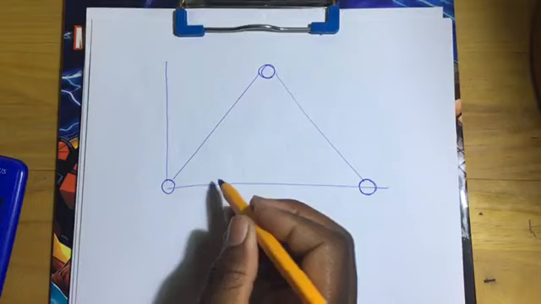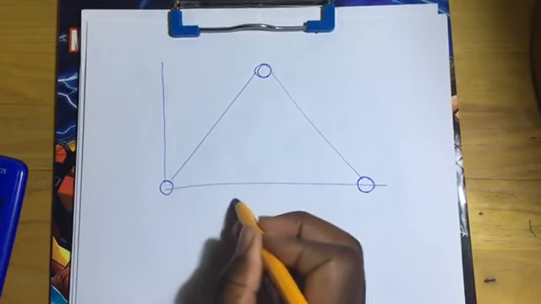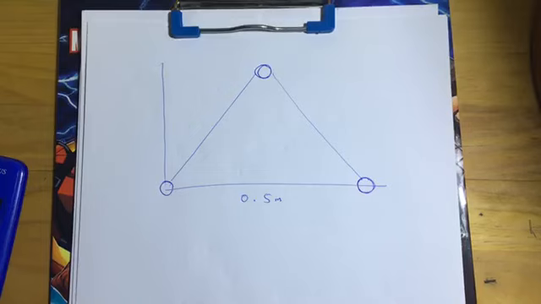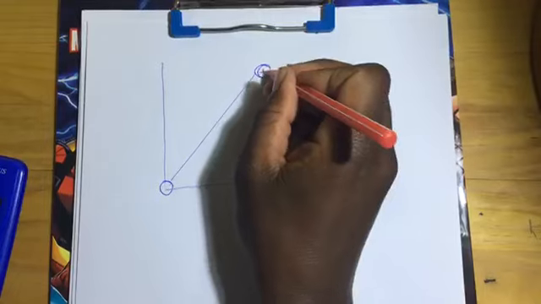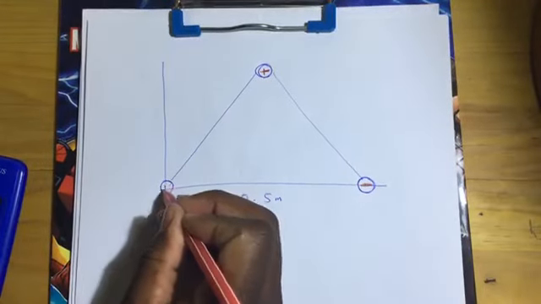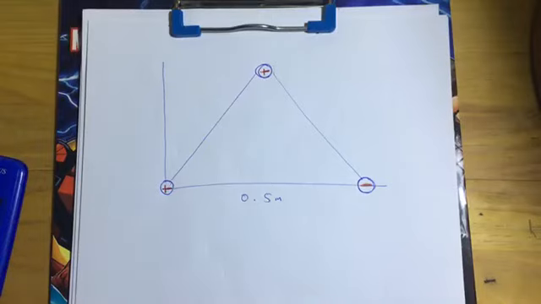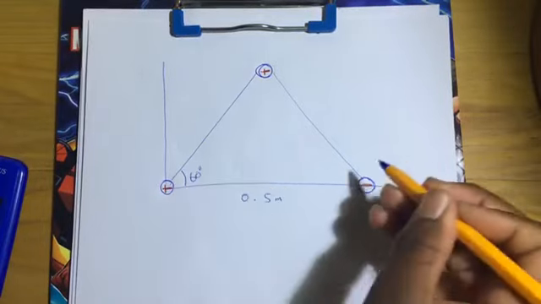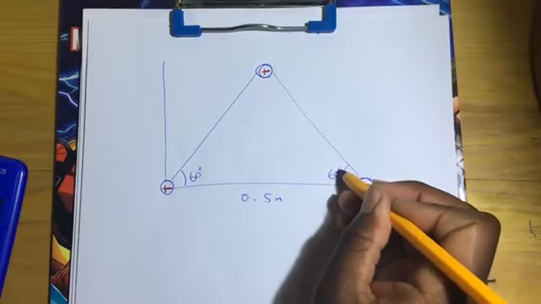And from here to here, this is going to be 0.5 meters. This is 0.5 meters. This is going to be positive. This is going to be negative. This is going to be positive. Then they tell you that this is 60 degrees, and this is 60 degrees.